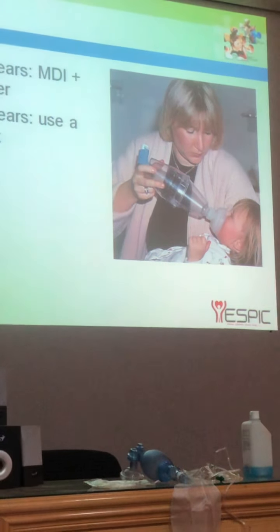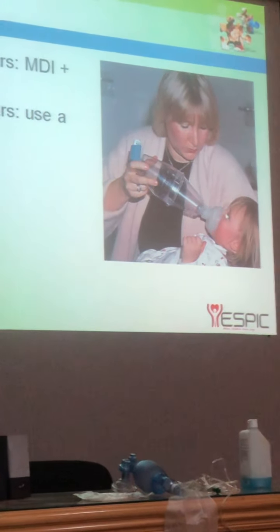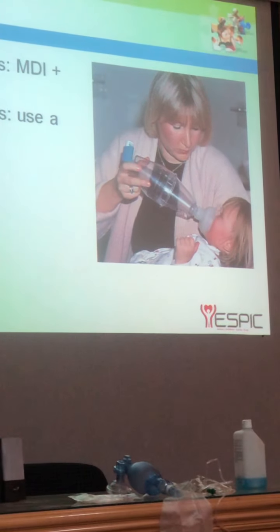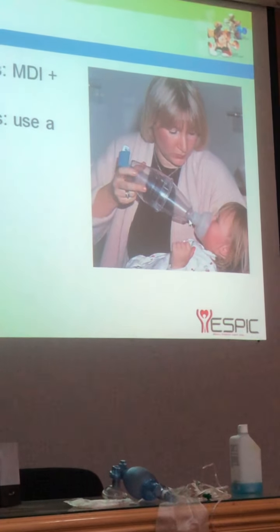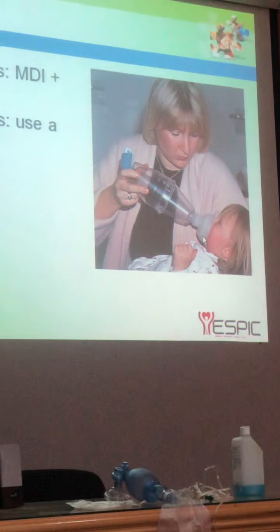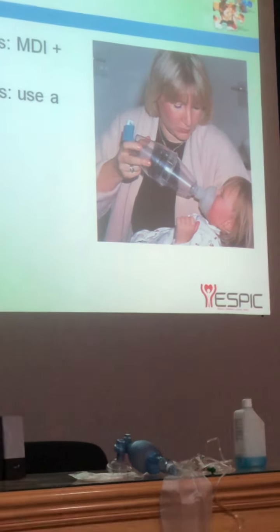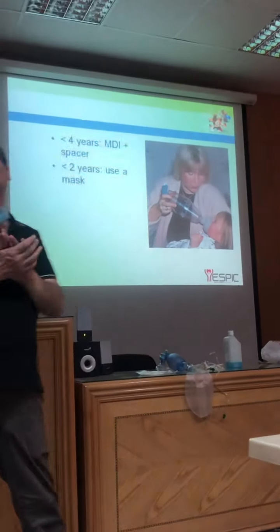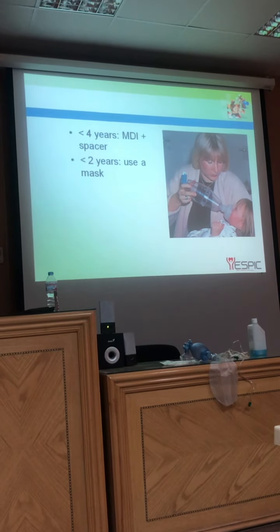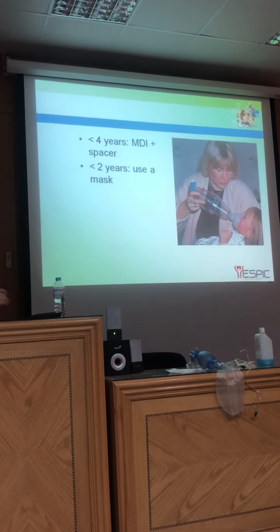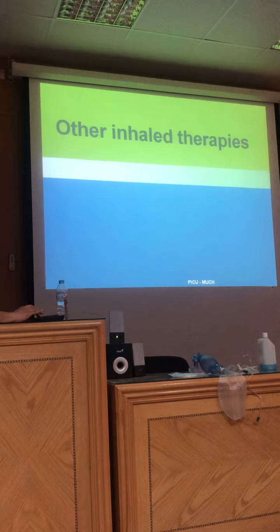The spacer may have a mask put on the mouth and the nose of the child, or may not have a mask, and the child puts his teeth over the opening of the spacer, according to the age of the child. This is the spacer.